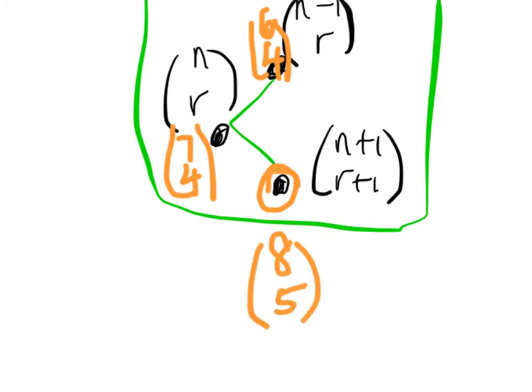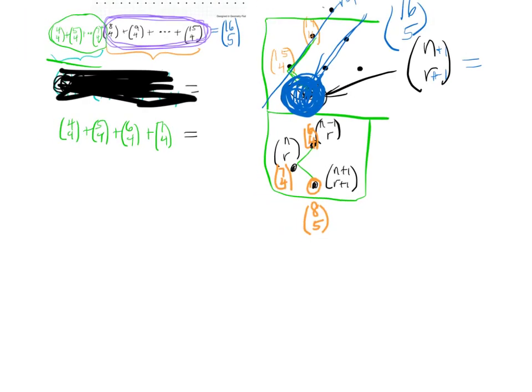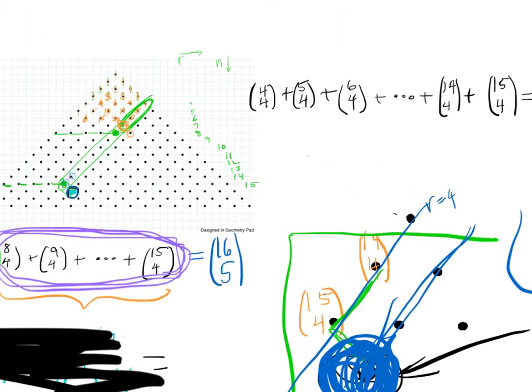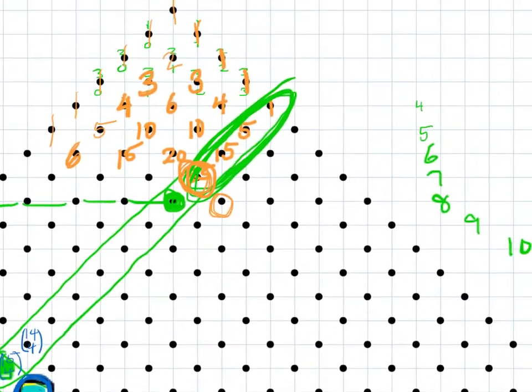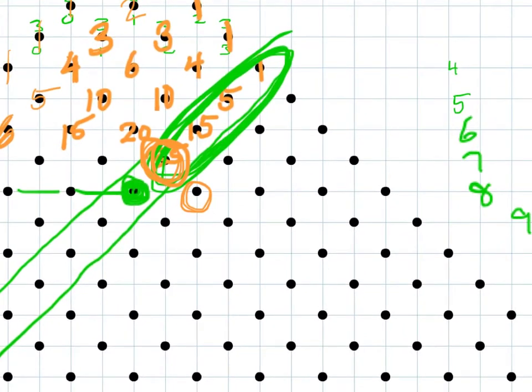Right. So now let's take this knowledge and go back up to the triangle. This right here was 6 choose 4. 7 choose 4. Okay. 6 choose 4, 7 choose 4, and then what's that? 8 choose 5.